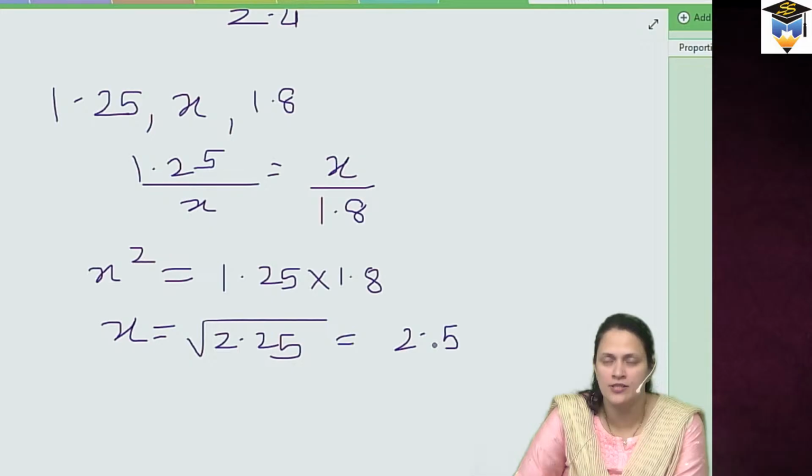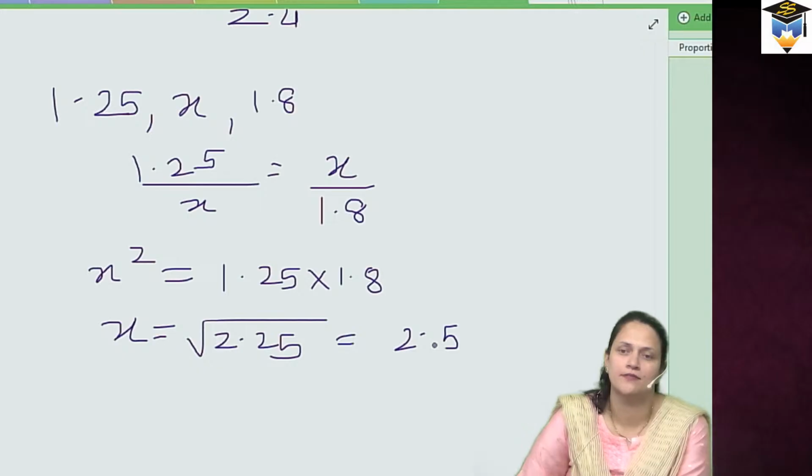So understand the sum carefully, read it carefully and then apply. That is very important.